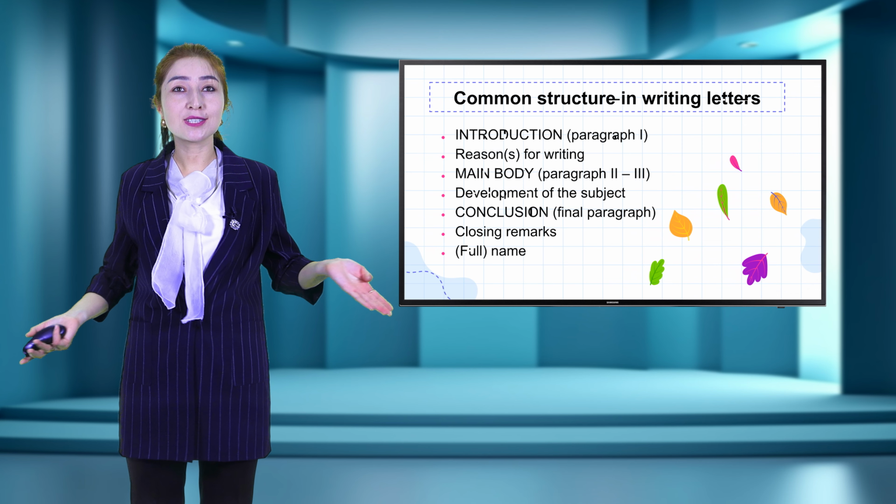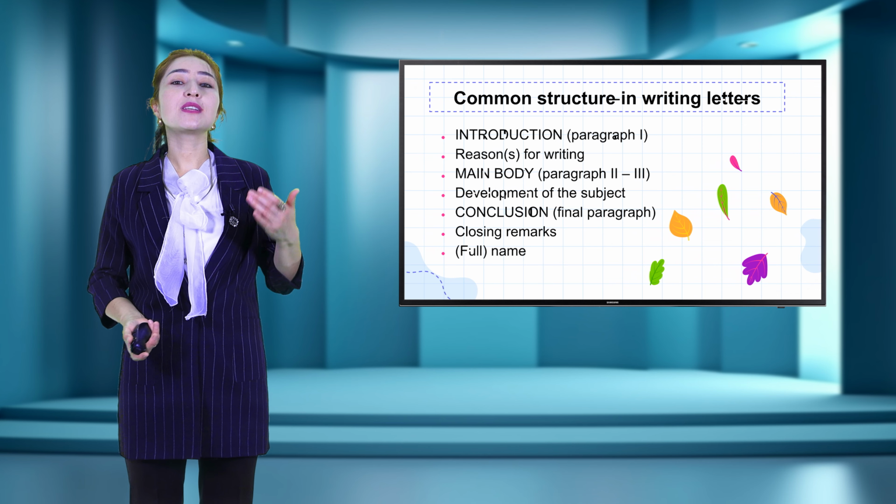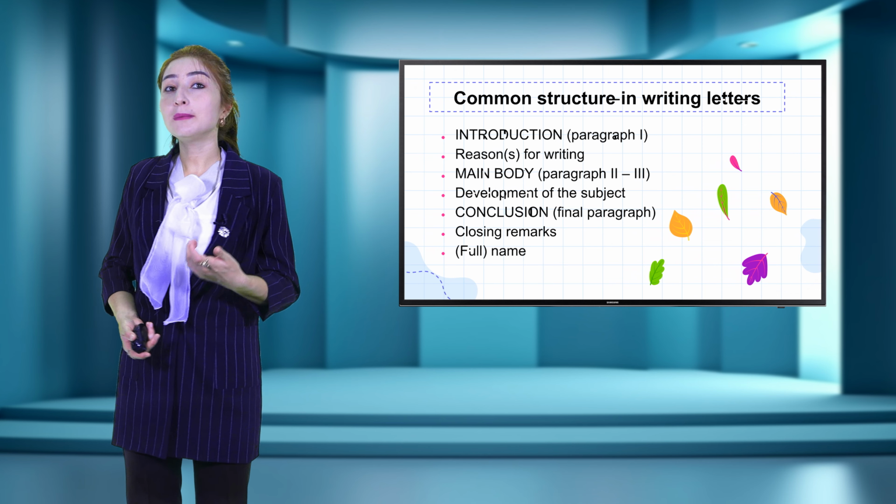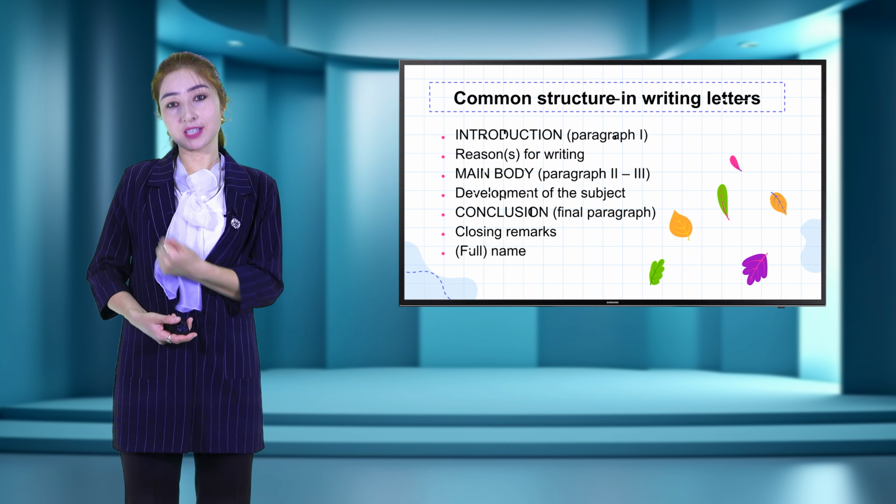After the introduction, it comes to the turn to write the main body part of the letter. Do not forget, the main body part is identified by what type of letter you are writing, whether an apology, a complaint letter, or an invitation letter. In the main body paragraph you must develop the subject.